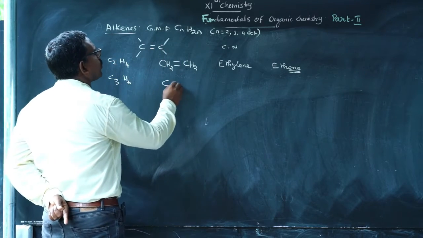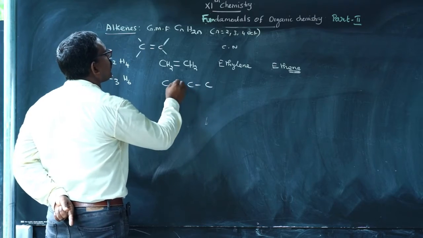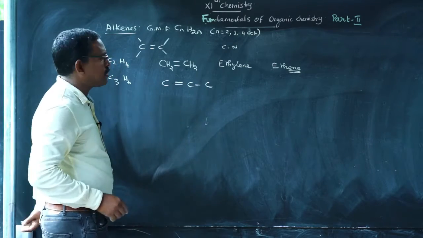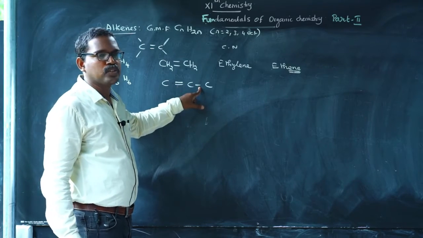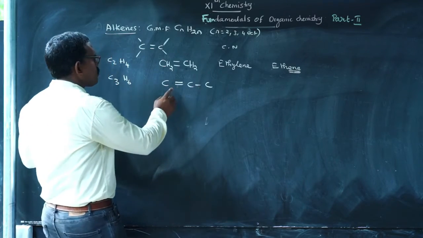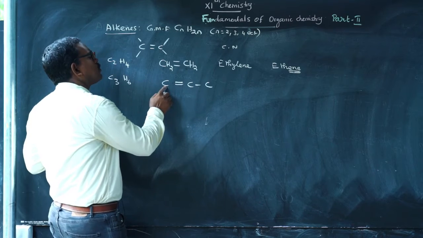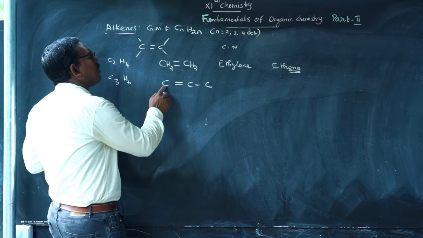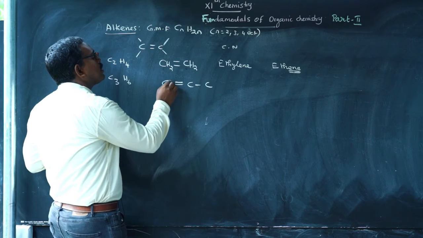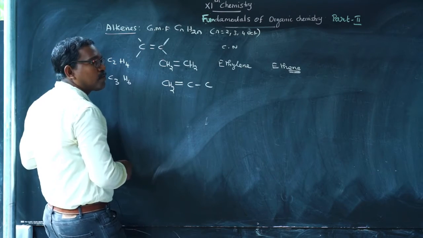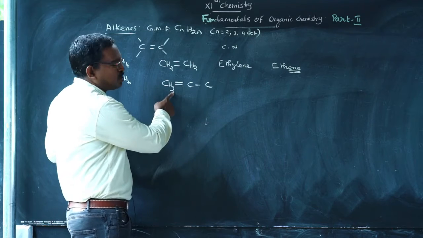C3H6, so 3 carbon atoms. In any one of the places you can put the double bond, either this part or this part. This carbon is attaining 2 electrons from these 2 bonds, therefore the remaining valency of 4 is satisfied by 2 hydrogens.